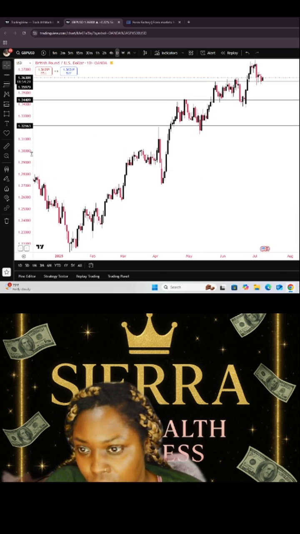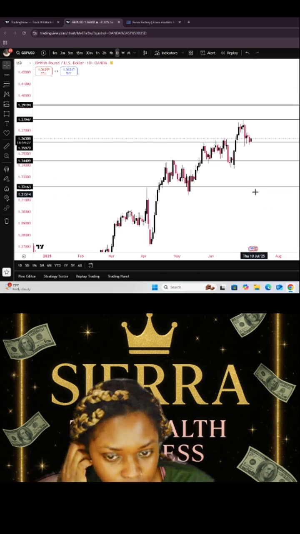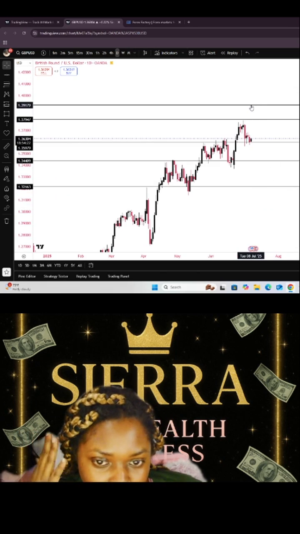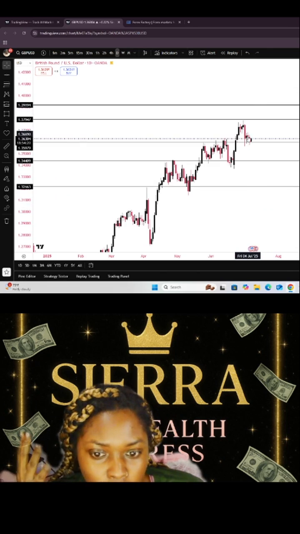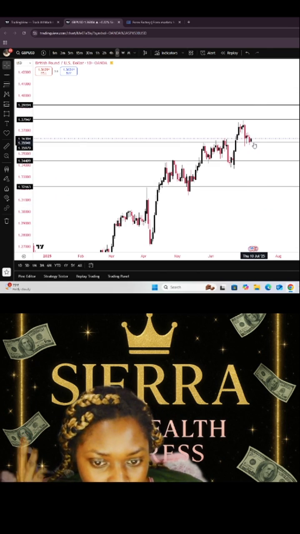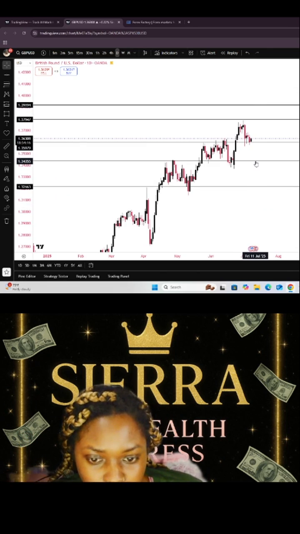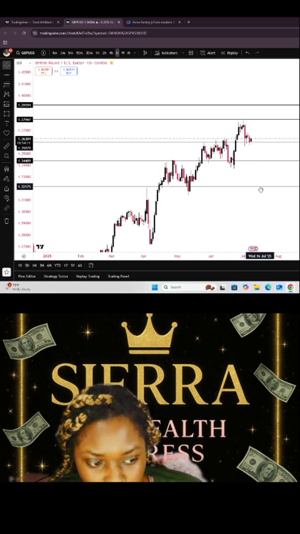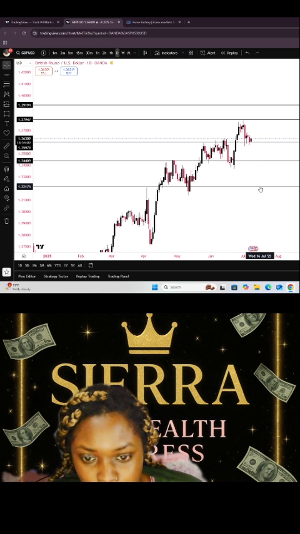All right, so now I have enough zones, right? I have one for just in case price buys. This is where I want to take profit, or just in case price trades through here and retests it. This is where I want to take profit. And then if price decides to trade even lower, this will be my other take profit area, right?